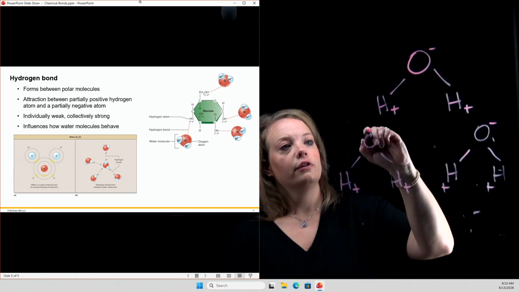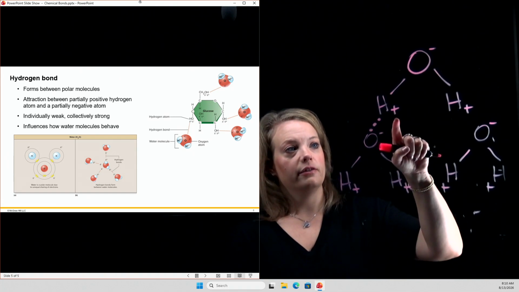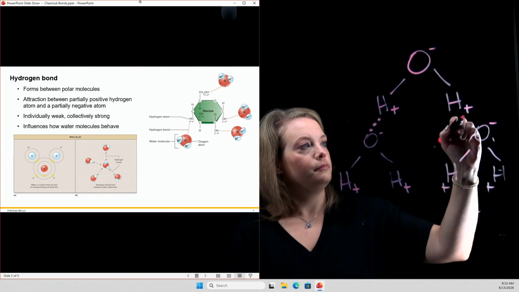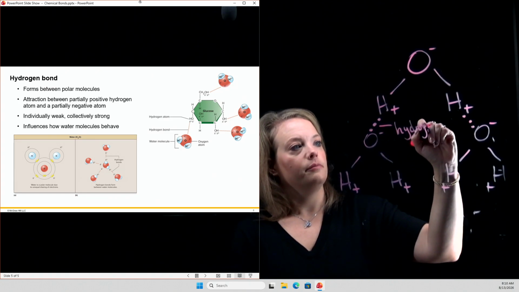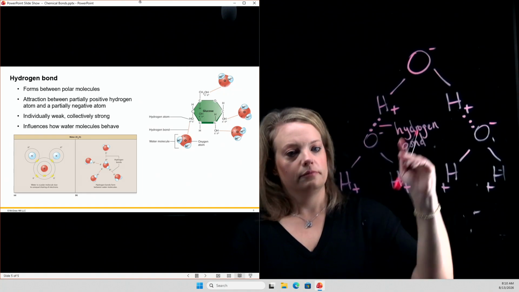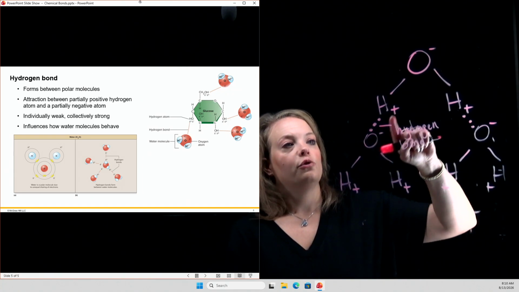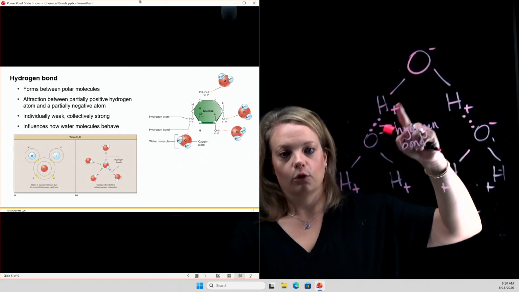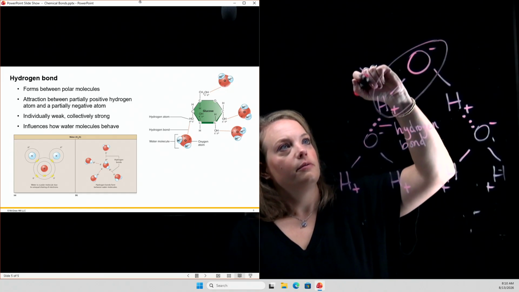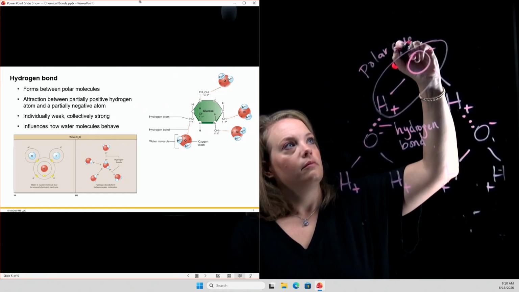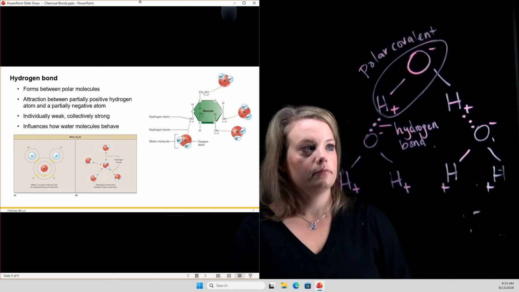And so the negative region of one water molecule is attracted to the positive region of another water molecule. That attraction is called a hydrogen bond. So hydrogen bonds occur between water molecules, or between molecules in general, whereas polar covalent bonds occur within a molecule.